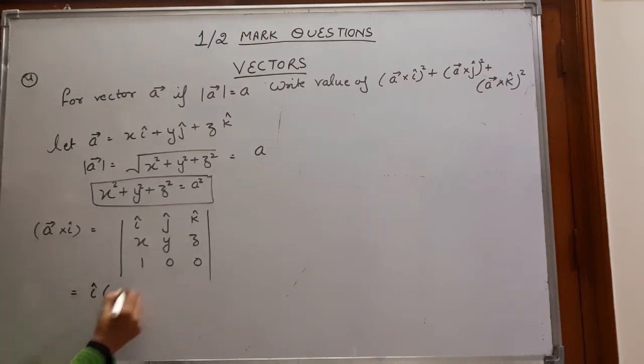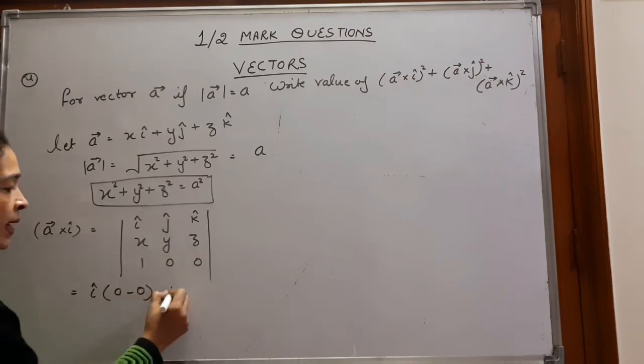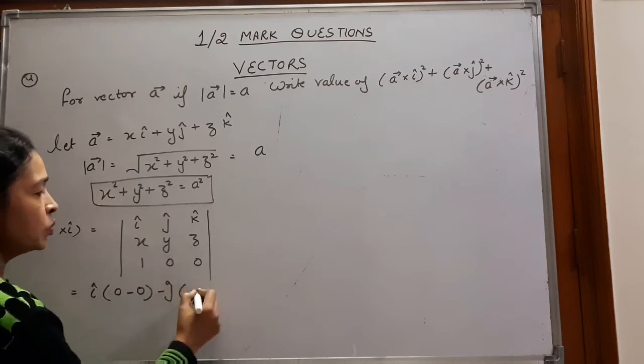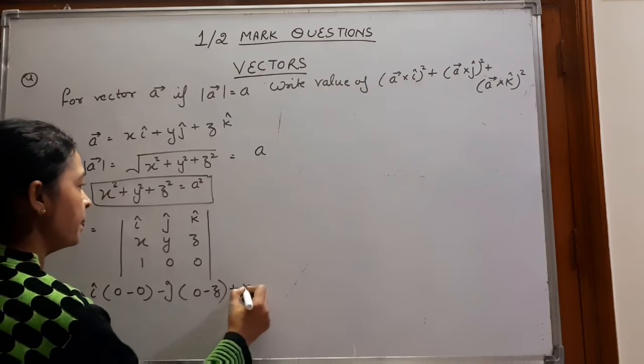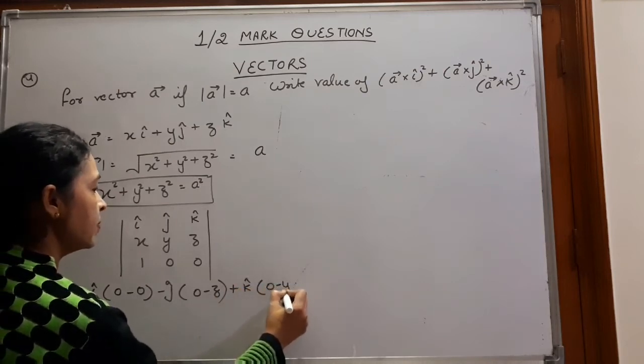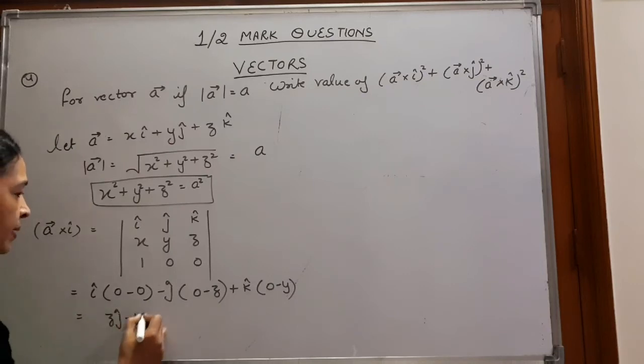This will be equal to i cap (y into 0 minus z into 0), minus j cap (x into 0 minus z), plus k cap (0 minus y). This is z j cap minus y k cap.